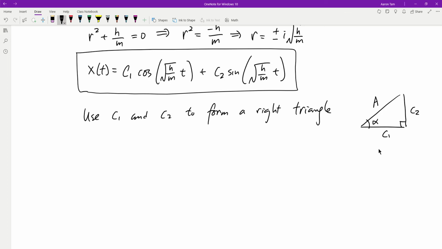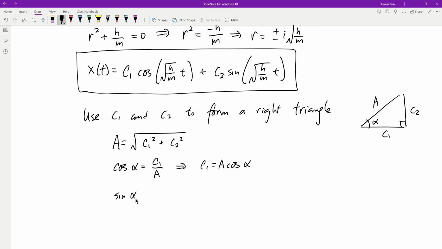And when that's the case, I can now define the following. First of all, I know A. A will be the square root of C1 squared plus C2 squared. Notice it really doesn't matter because C1 and C2 are two arbitrary constants, so whatever they come out to would be some kind of constant. Second, I notice that cosine alpha equals C1 over A, therefore C1 equals A cosine alpha.